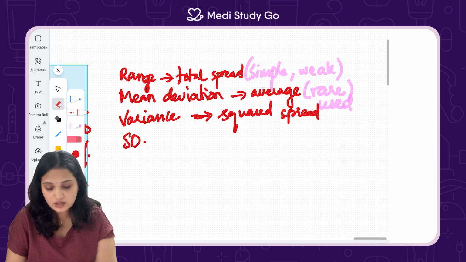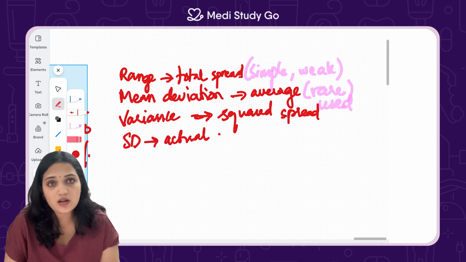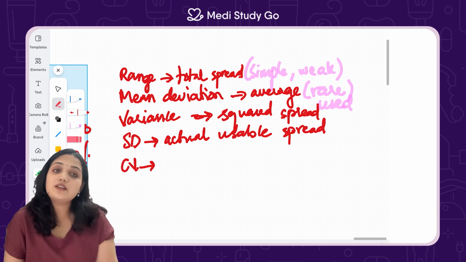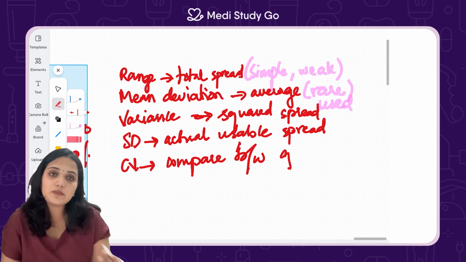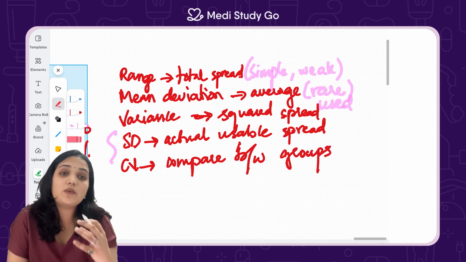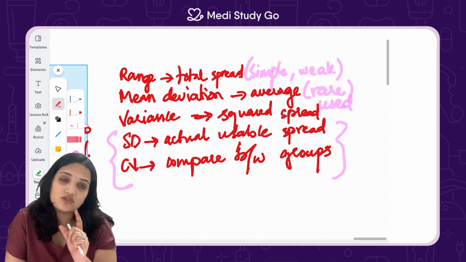So then we've learned about standard deviation. This is the most important one because it is an actual usable spread. Then of course we learned about the coefficient of variation where we can compare between groups. I'm saying this again. If nothing else, the takeaway from this video should be standard deviation and coefficient of variation. Remember these two very, very important things.